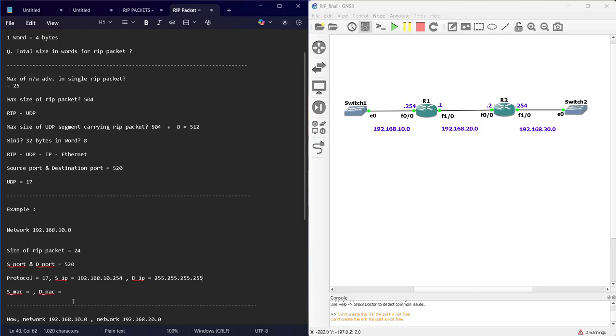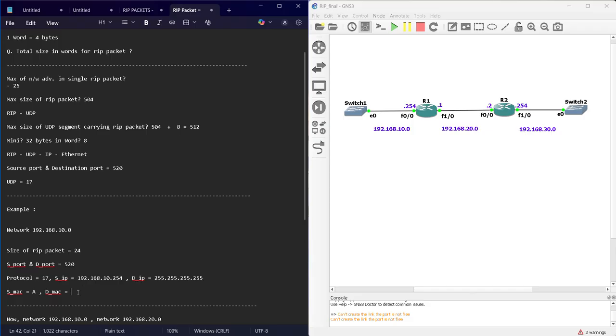Now further it gets encapsulated into Ethernet. So in Ethernet, the source MAC we will be using, let's suppose the source MAC for this FastEthernet is A. We are just assuming it.